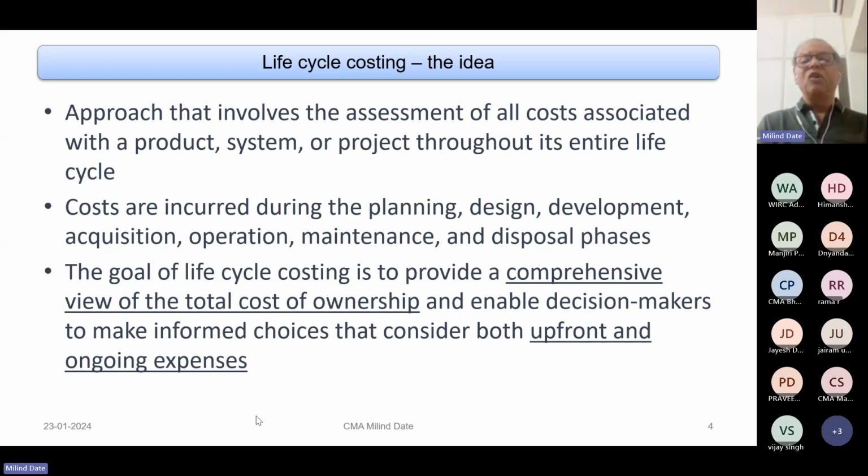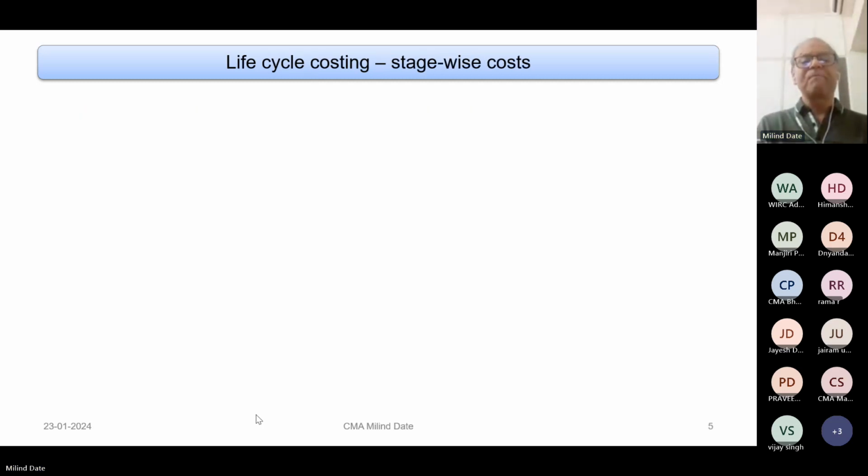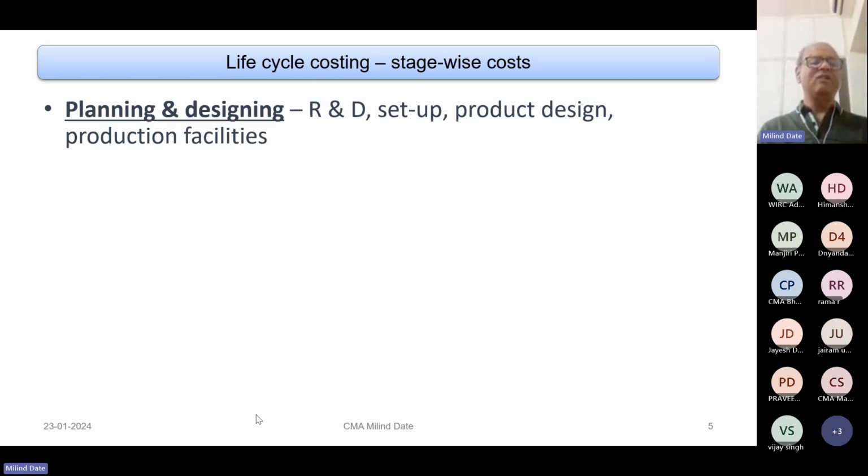Now, if you want to look at some of the stage wise costs, as I said, during the phase of planning and design, you could spend money, huge money in fact, on R&D. And what happens is we consider that as investment and charge only depreciation over a year's period. Or if they are only research related expenses, then we write it off as and when they are incurred.